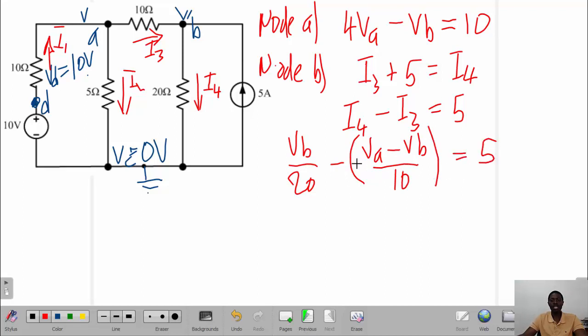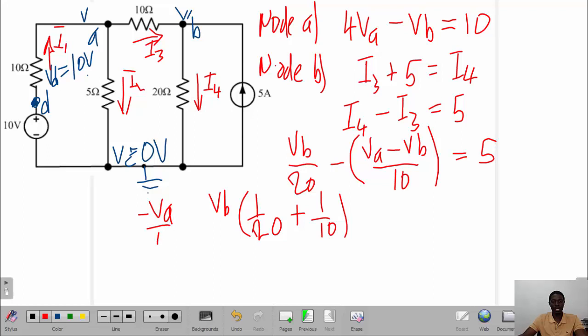Now you notice that there's a bracket here because this minus and minus have to change signs. So we've got VB, which is common here, VB times 1 over 20, and this minus minus gives us a plus, so that is plus 1 over 10. And then we've got minus VA over 10, plus that must give us 5.